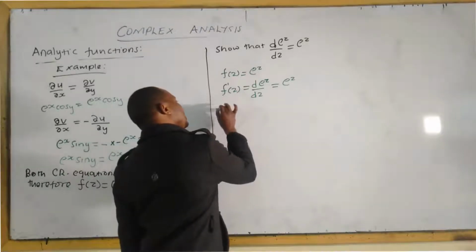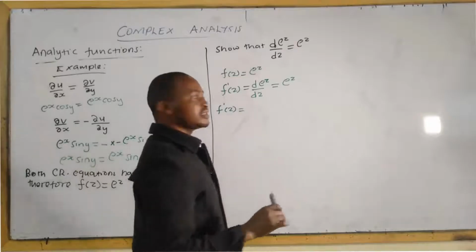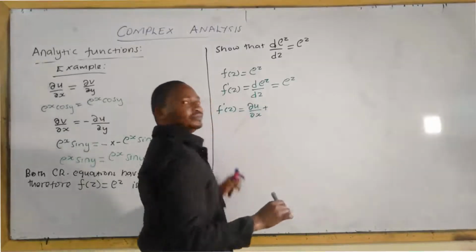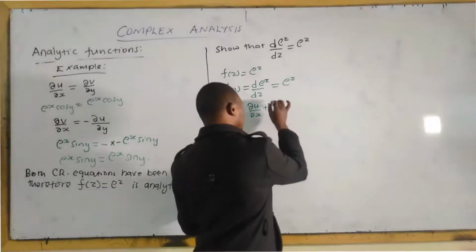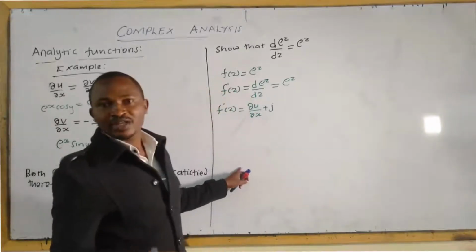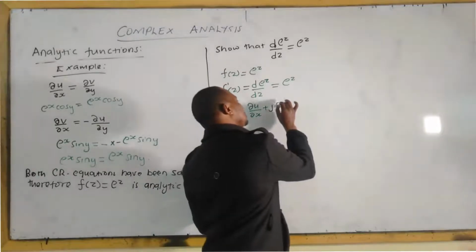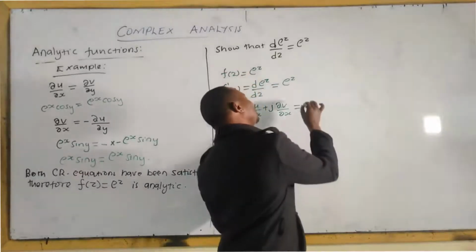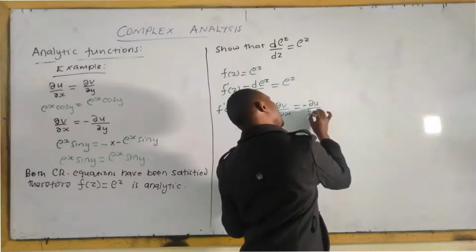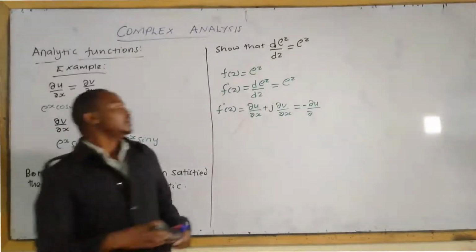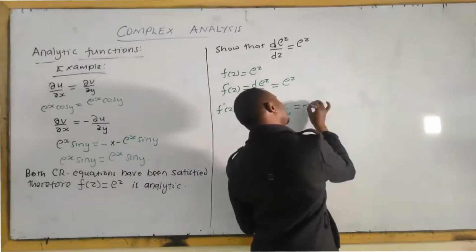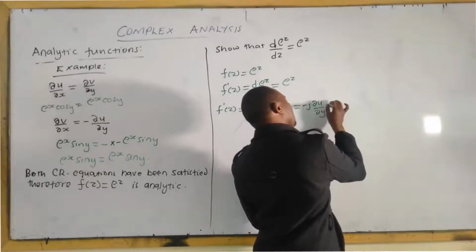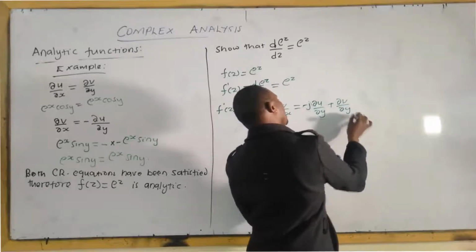But earlier we said the derivative of the function of z is partial derivative of u with respect to x plus j partial derivative of v with respect to x, which is equal to negative partial derivative of u with respect to y, which is also equal to negative j partial derivative of u with respect to y plus partial derivative of v with respect to y.